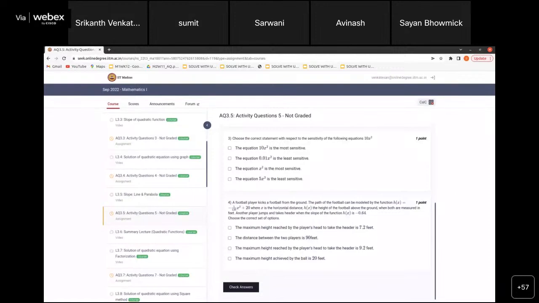So in that manner, you just check 10x square, 0.01 x square, and 5x square. Out of these 4 expressions, 10x square will be the most sensitive and 0.01 x square will be the least sensitive.